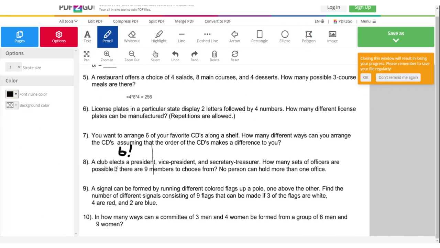A club elects a president, vice president, and secretary. So that's 3. How many sets of officers are possible if there are 9 to choose from? Now, does this thing have the calculator in it somewhere? Usually has it when you need it.